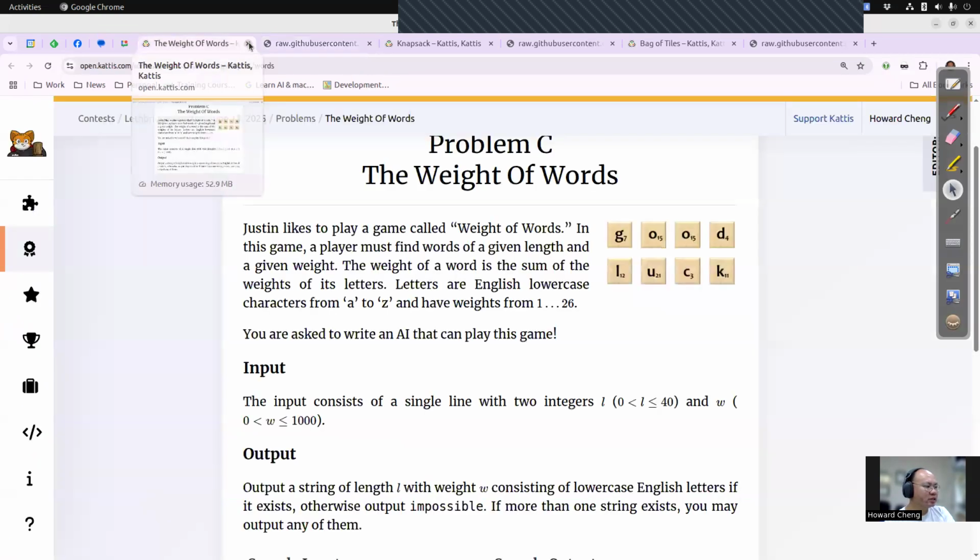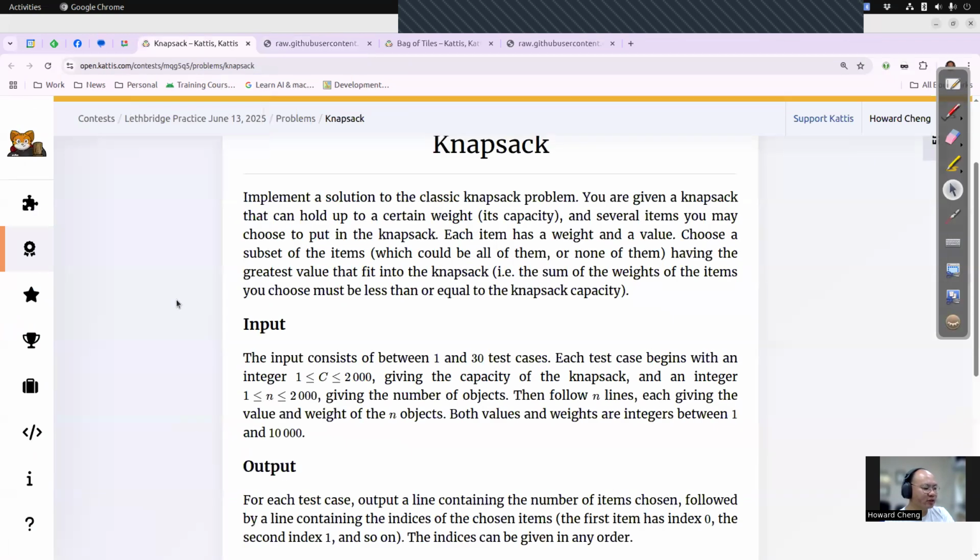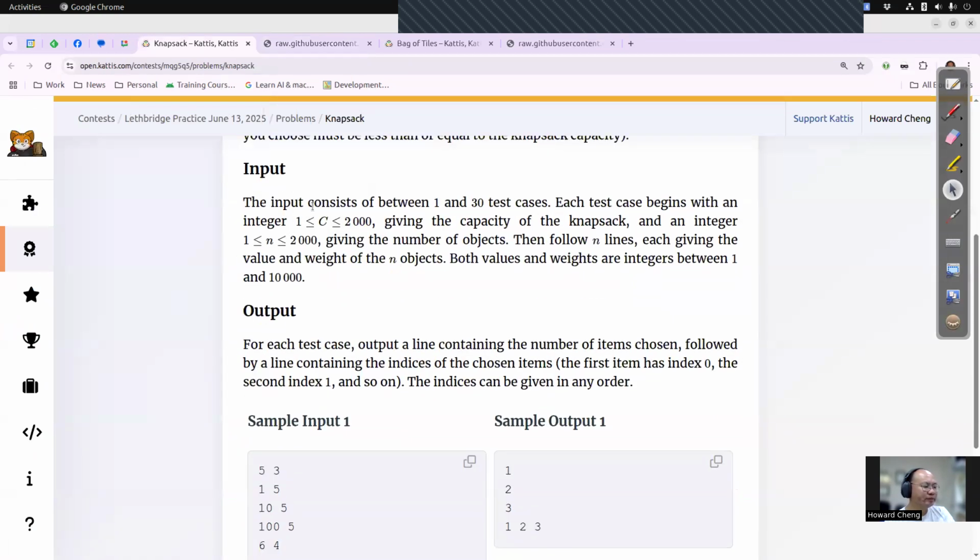Okay, the next one is a very simple knapsack, as simple as the standard knapsack. Each case has a capacity of up to 2,000 and up to 2,000 items. Each item has a value and a weight, which are between 1 and 10,000. Now, anything that has weight bigger than 2,000, you can pretty much ignore because you only care about 2,000 capacity anyway.